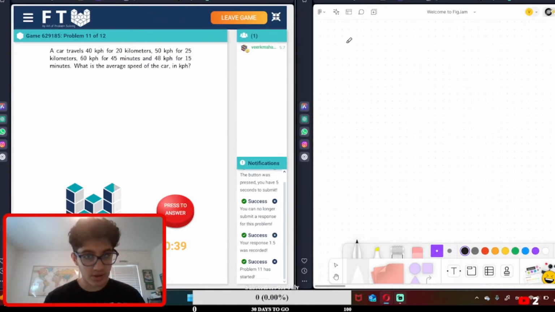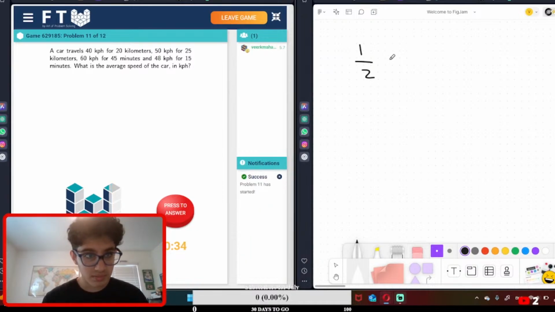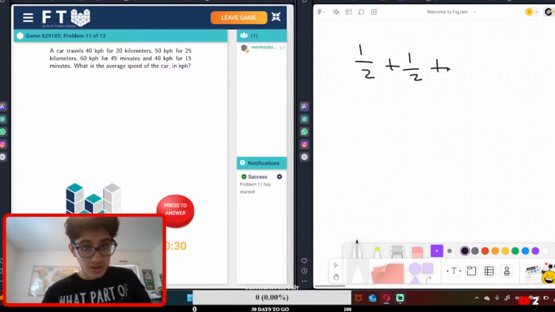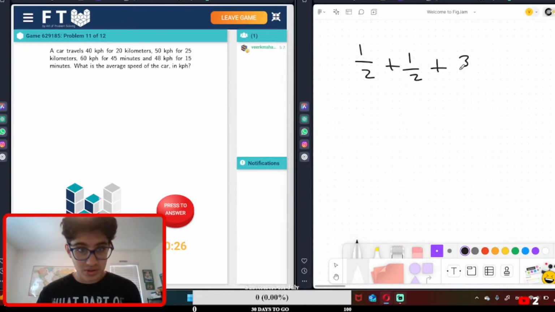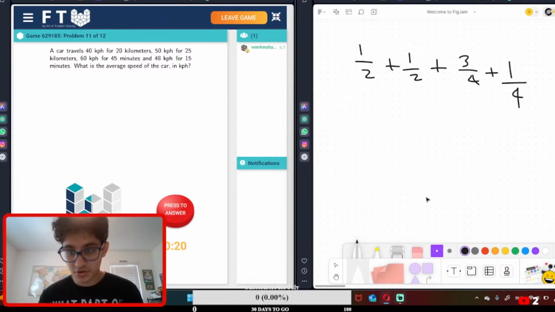Okay, for 20 kilometers. So it takes half an hour plus another half an hour plus 15 minutes. So plus 3/4 of an hour plus 1 hour plus 1/4, which means it's a total of 2 hours. What distance does it do?